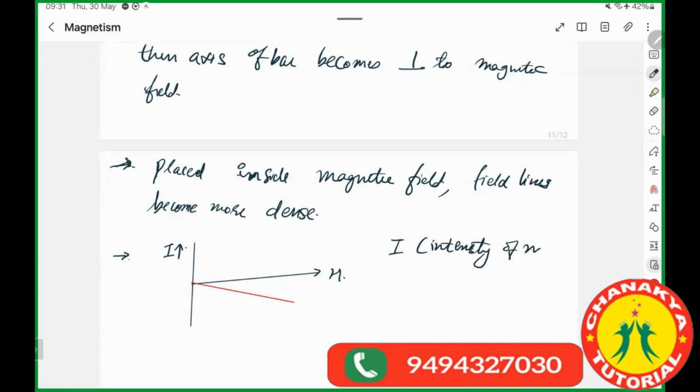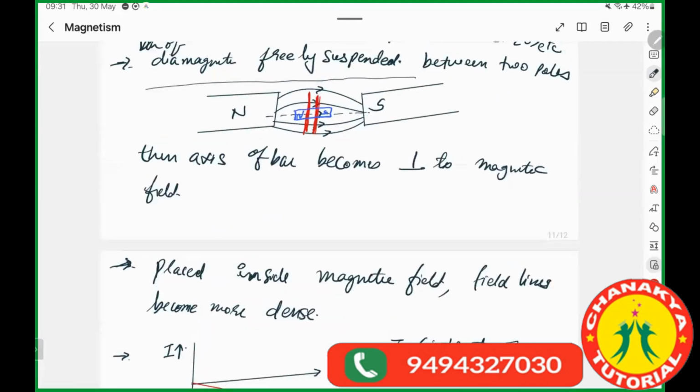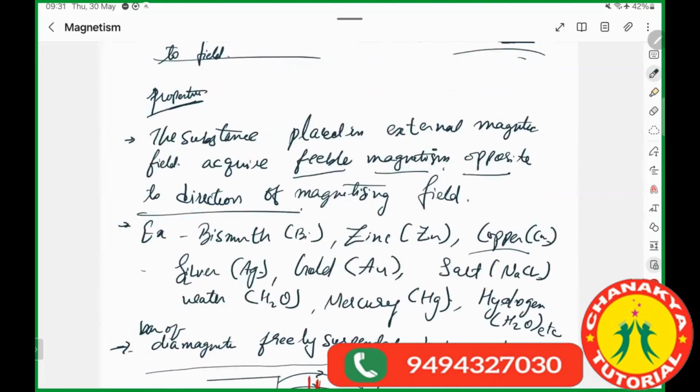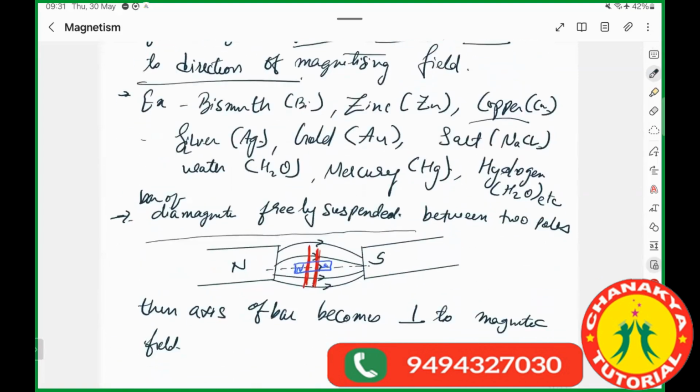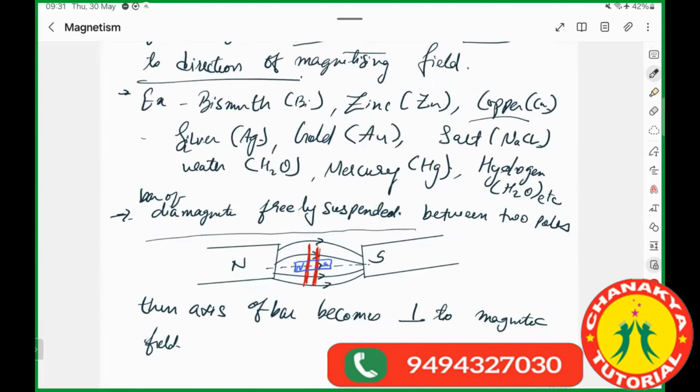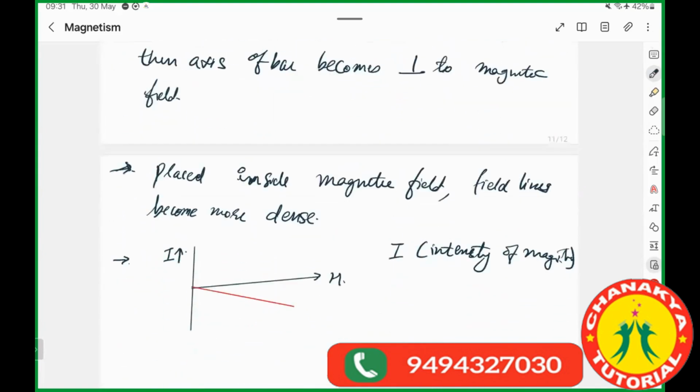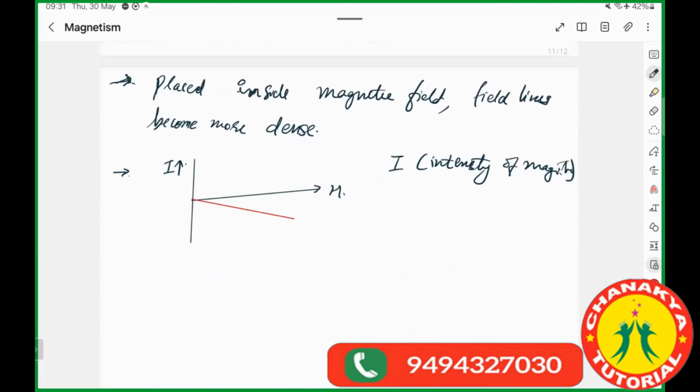Intensity of magnetism. See, till now, whatever we wrote about these properties, that's not so much important. But graphs are most important. From this, definitely graphs are asked. Graph of temperature variation.